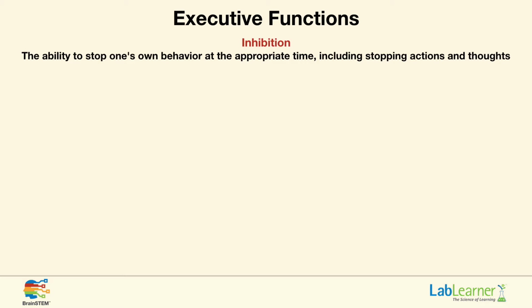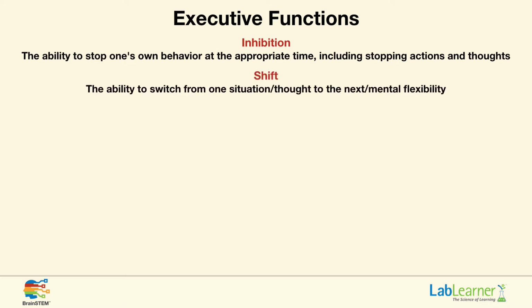You have to be able to stop certain actions and be able to initiate new actions. And in fact, that leads us into shift, and that's the ability to shift from one situation or thought to the next. This is what gives us mental flexibility. Without it, we are going to be unable to be flexible as situations change.